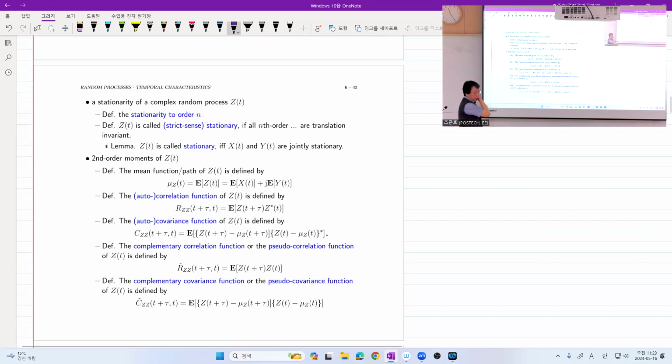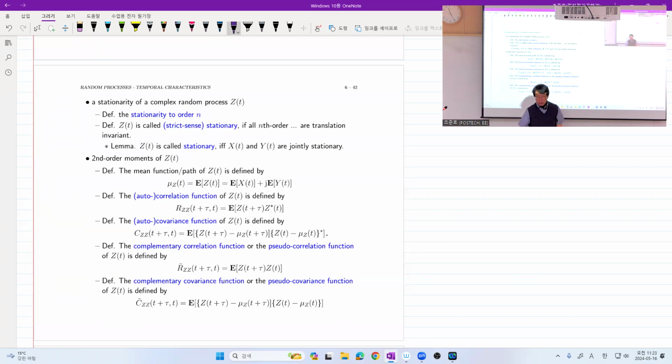Now, again, we can define the stationarity of a complex valued random process. And as you remember, because a complex valued random process is equivalent to two jointly distributed real valued random processes, what would be the stationarity?